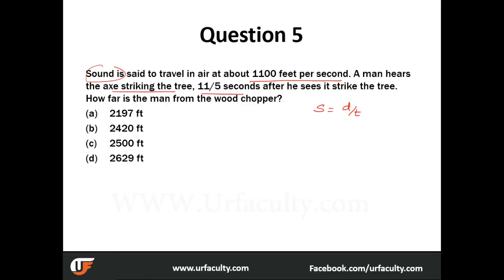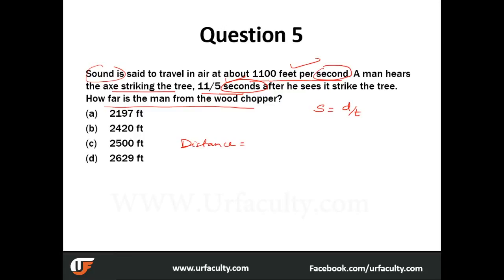So what is the question that they are asking for? How far is the man from the woodchopper? We know the speed, which is this. We know the time, which is this. They have maintained the units as it is, which is seconds. So they are asking for how far the man is. So what is the formula in this case? The same concept. Distance is equal to speed into time.